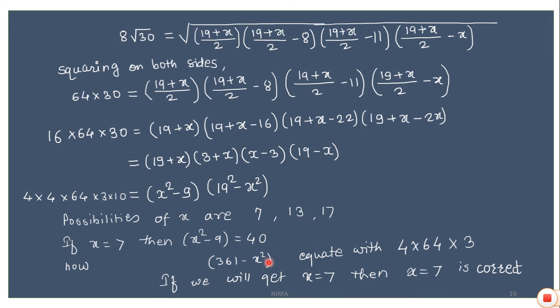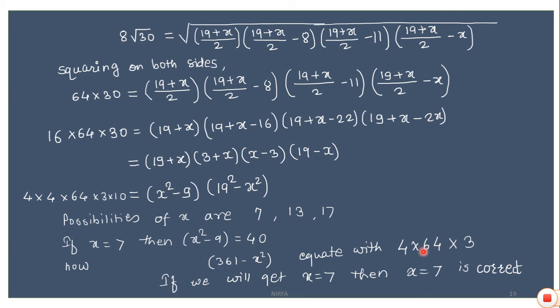So your value is x. Then when you equate this bracket with this product, if you solve this and you get x equal to 7, it means that x equal to 7 will satisfy this equation, and in that case I can take the solution of x as 7. But what happens when you put 7 here? 361 minus 7 square, which is 49, and you know that 361 minus 49 is something like 320 or 22 approximately, but it is near about 320.